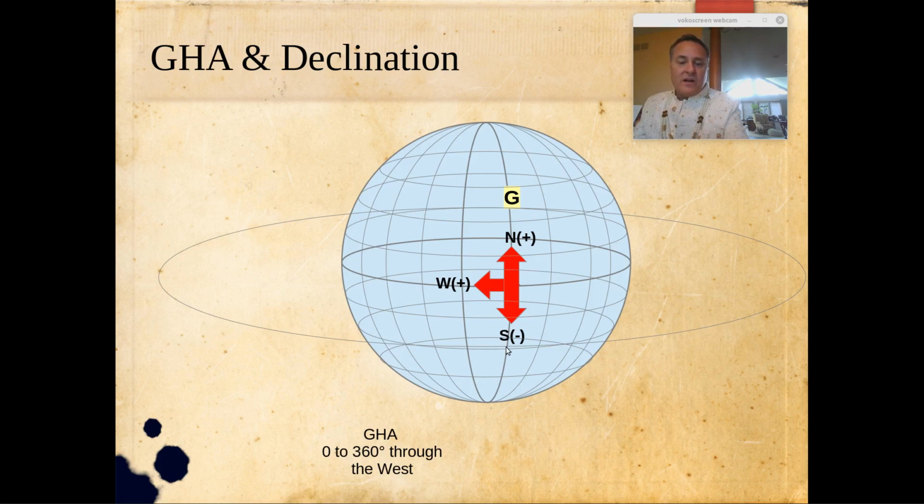So when we talk about the Greenwich hour angle of the sun, for example, it is some number with a starting point of 0 that wraps to the west around through 360 degrees. And then declination is analogous to latitude.